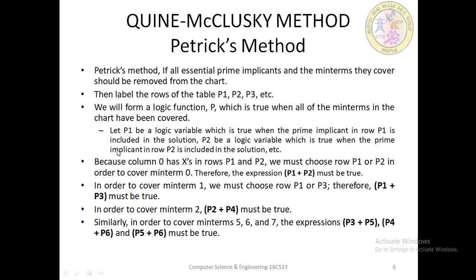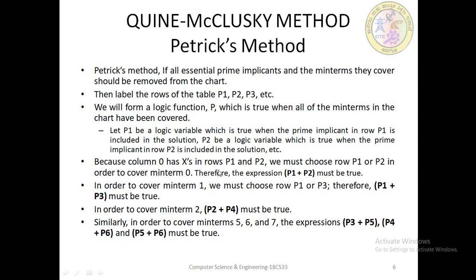The same has been explained here. Because column 0 has an x in the rows P1 and P2, we must choose P1 or P2 in order to cover minterm 0. To get a result for 0, we should have P1 or P2, that is P1 plus P2.